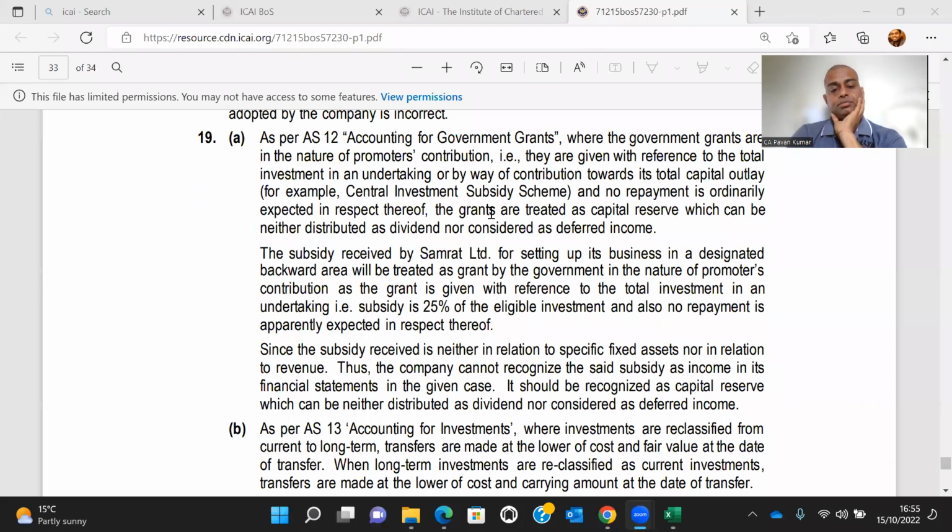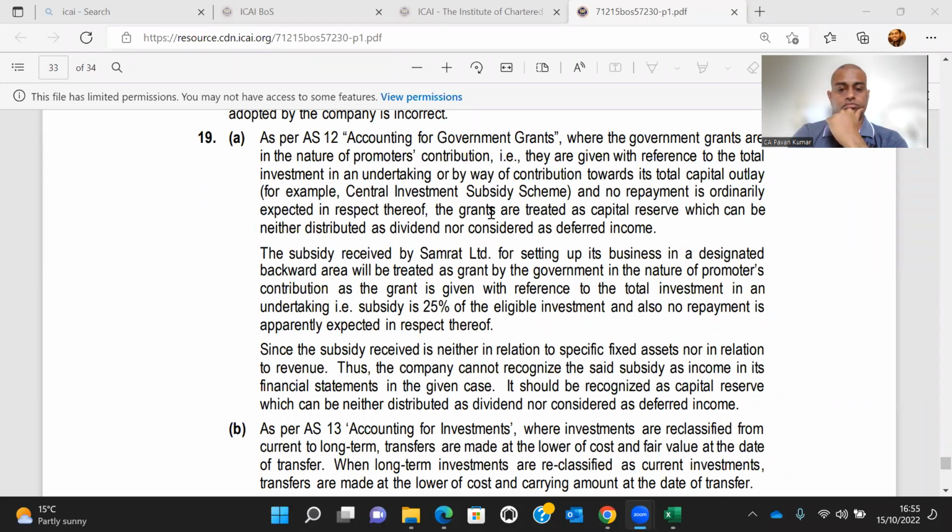Correct. The subsidy received by Samrat Limited for setting up its business in a designated backward area will be treated as grant by the government in the nature of promoter's contribution, as the grant is given with reference to the total investment in an undertaking. That is, subsidy is 25% of the eligible investment, and also no repayment is apparently expected in respect thereof.